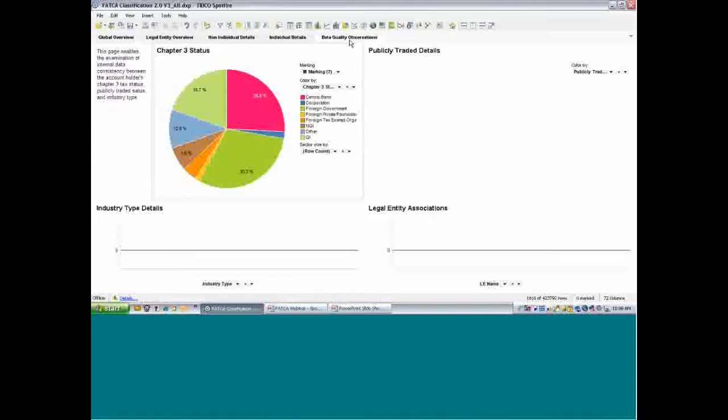Certainly investigation into why we have this conflict, or potentially a remediation of a field.